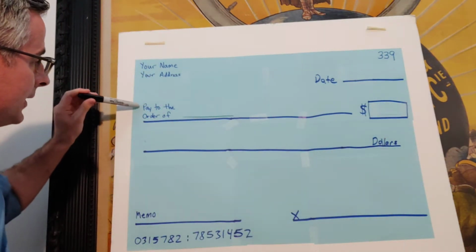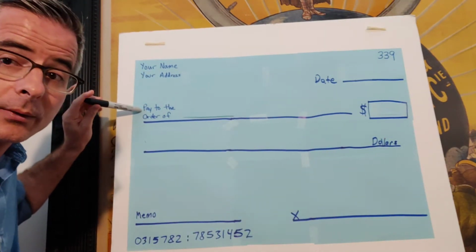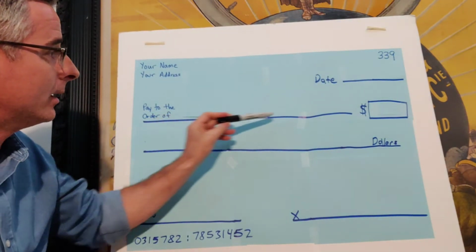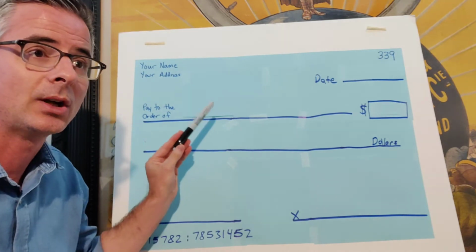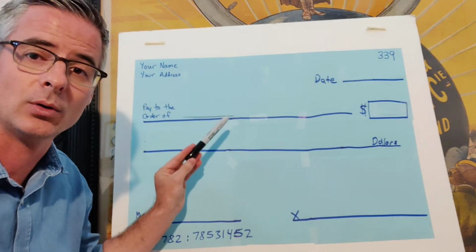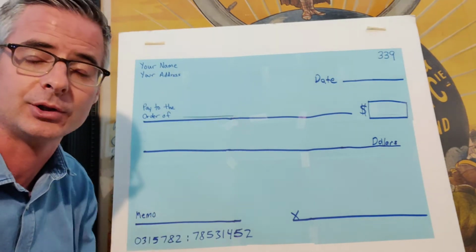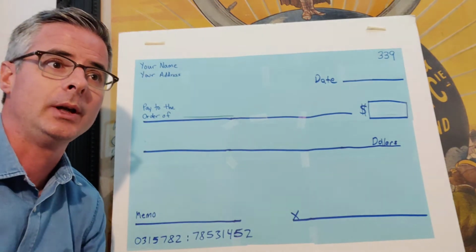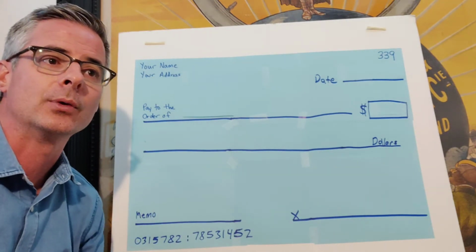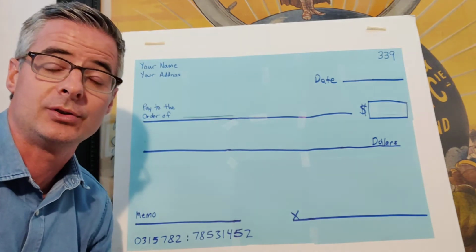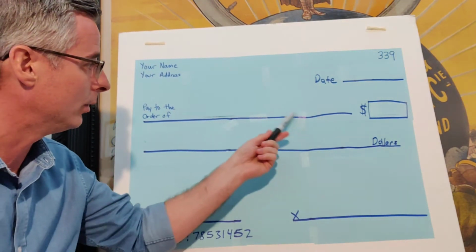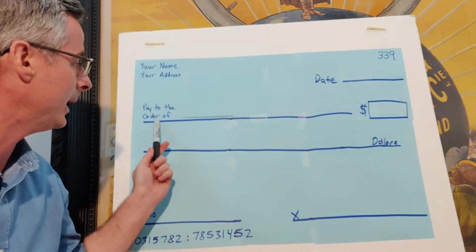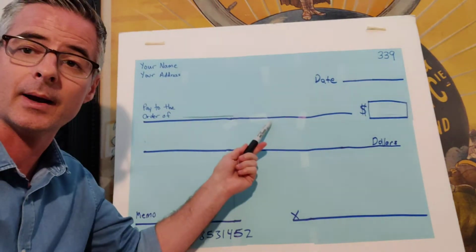Okay. There's this thing called pay to the order of. Okay. And then a line underneath of it. So pay to the order of is the company that you're paying, right? Or the person that you're paying with the check. Okay. So if you are, for example, paying your T-Mobile cell phone bill, you would put T-Mobile right here in the pay to the order of line underneath there.